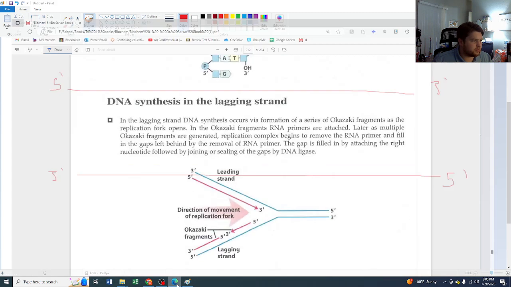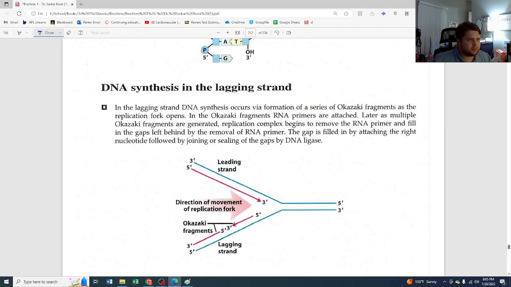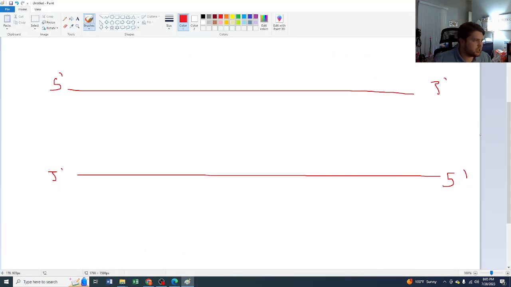Let me just flip those. No, it'll be fine actually. So in this direction, 3' to 5', this is going to be our leading end, and this is our lagging end, because we get DNA formed 5' to 3'. So our primase or our RNA polymerase is going to come and set up a primer.